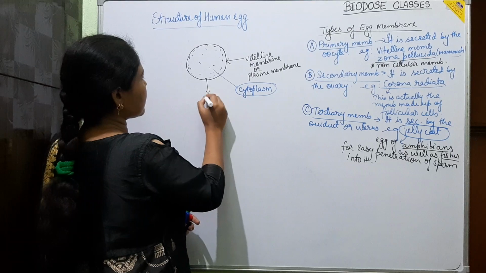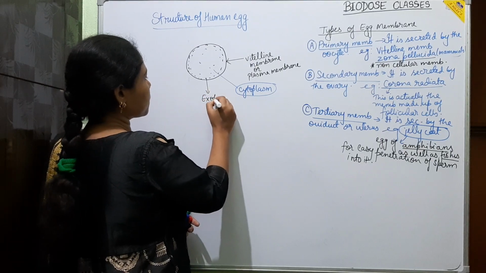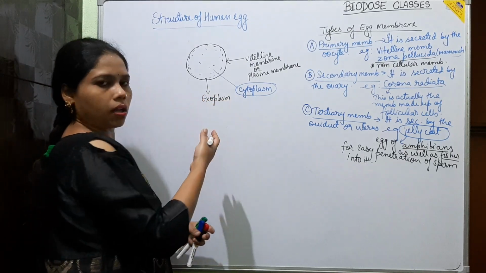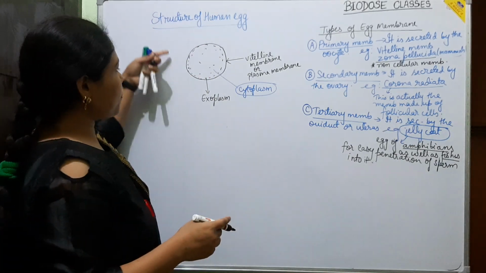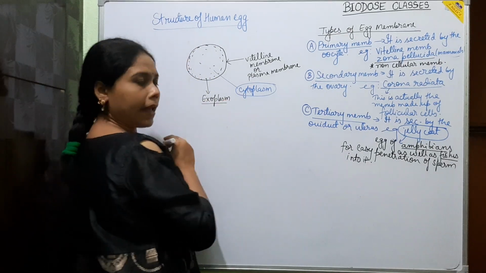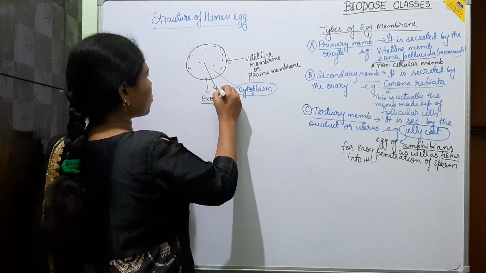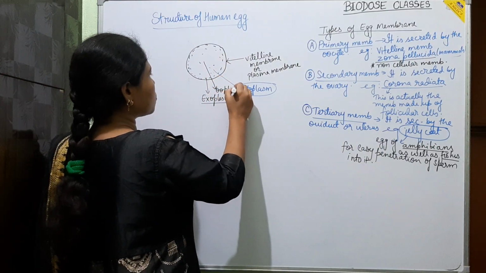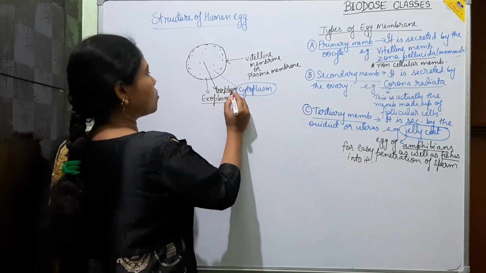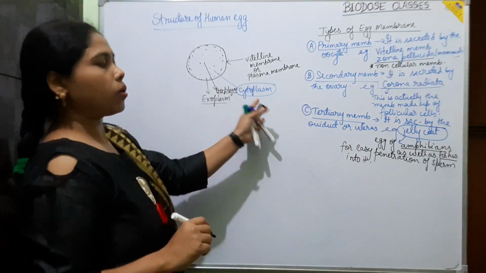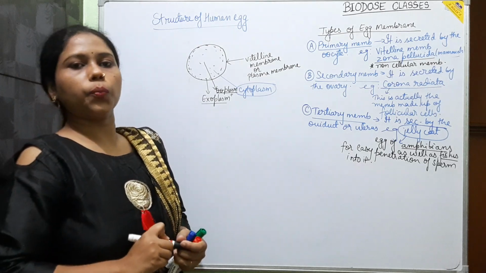This is known as exoplasm, where exo means external. At the periphery is the exoplasm, and inside it is the ooplasm.